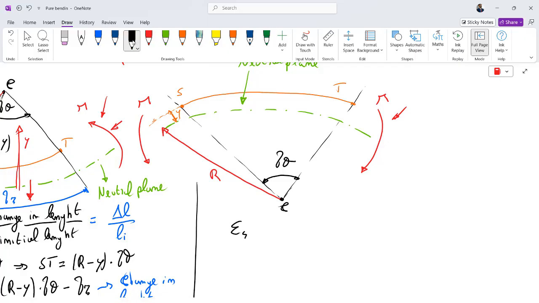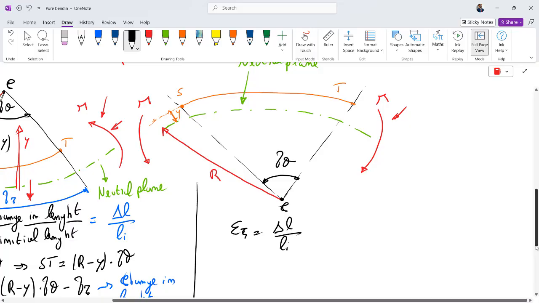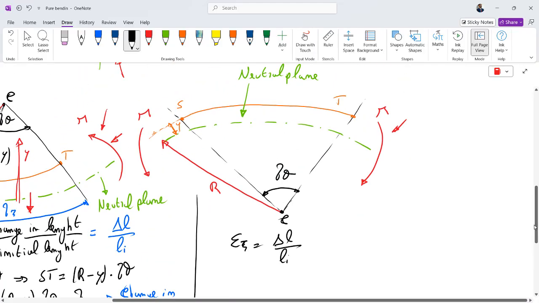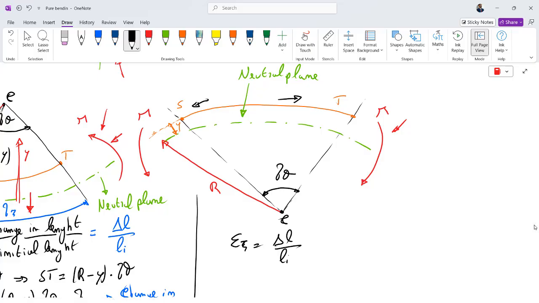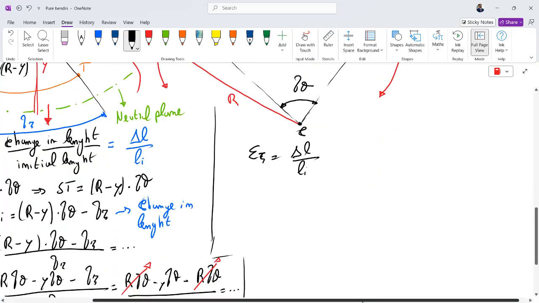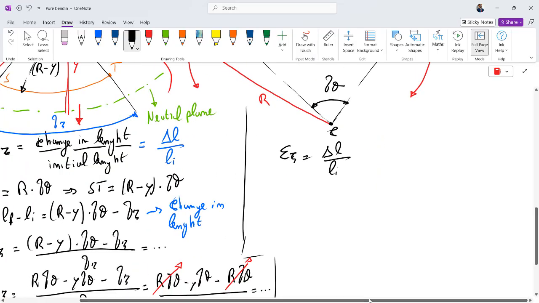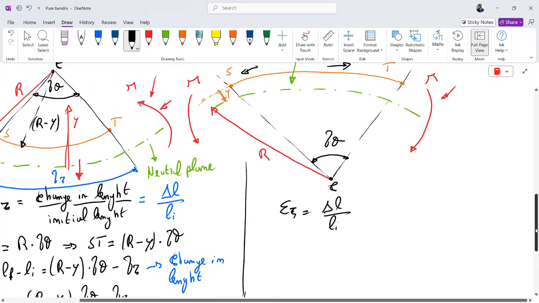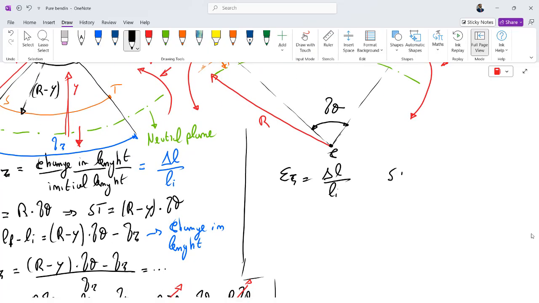So epsilon z is always delta L divided by L initial, but in this case the reference fiber is in tension. So the initial length is lower than the final length, and delta L is greater than 0.